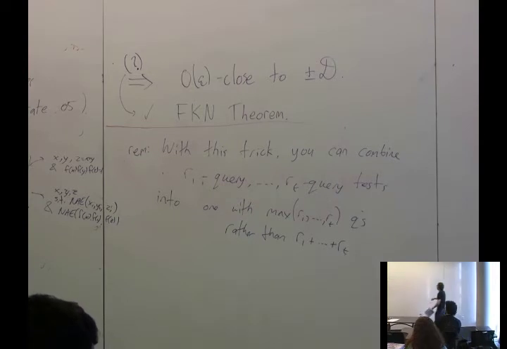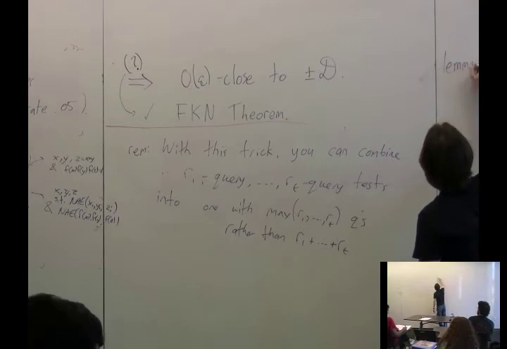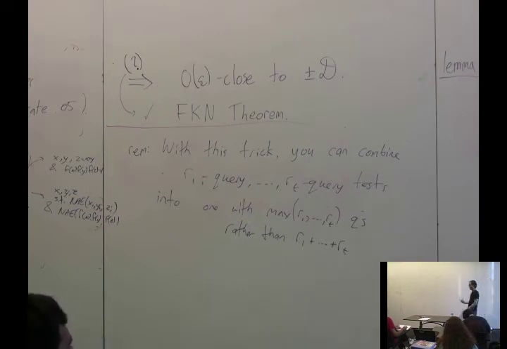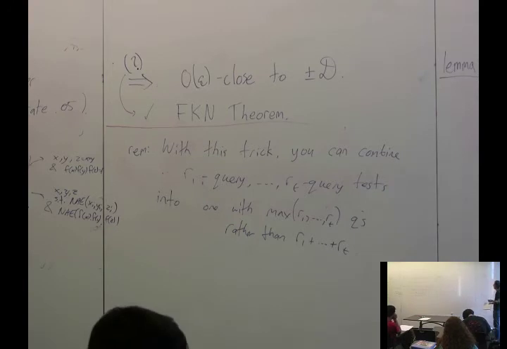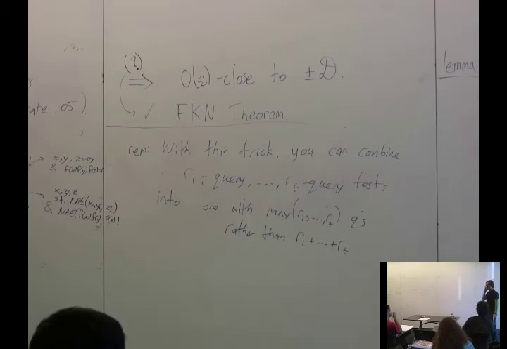Okay, so let me start with a lemma. Cast your mind back 1 week ago. We talked about reasonable random variables. Remember, these are random variables that have the property that their fourth moment is not much bigger than the square of their second moment. And I told you that such random variables have lots of nice properties. And one of those properties was some kind of anti-concentration. In fact, this was one of the problems on your homework.